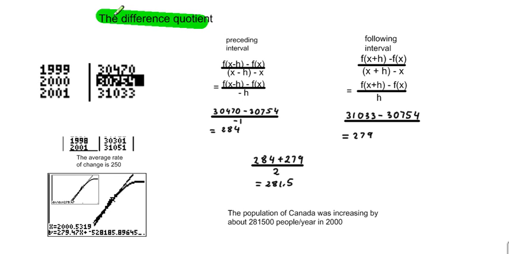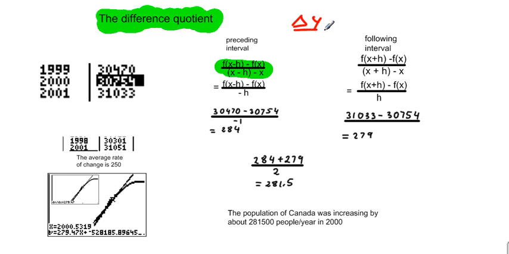And the difference quotient, if you take a closer look, really does define the slope of a function, because f of x minus h and f of x represents two different values in the graph, and the denominator represents the difference between x values. So that reminds you of, or should remind you of, the following ratio, delta y over delta x, which is the ratio of a slope, right?